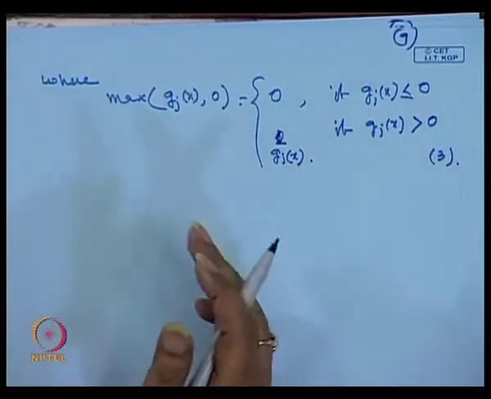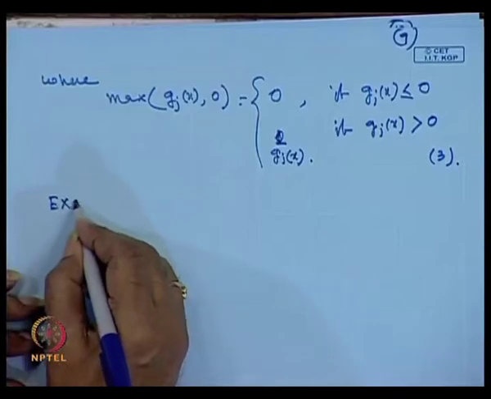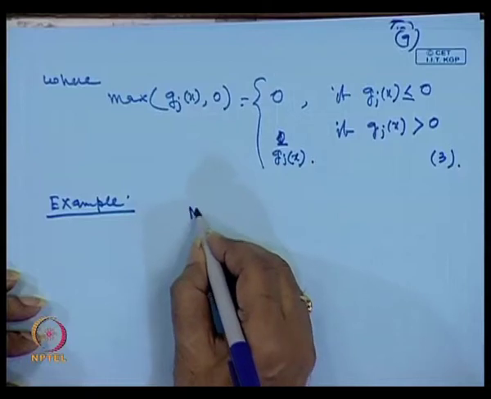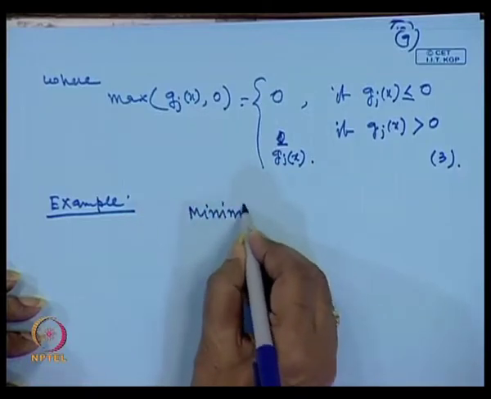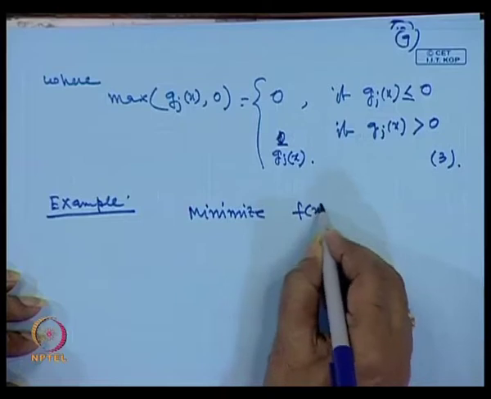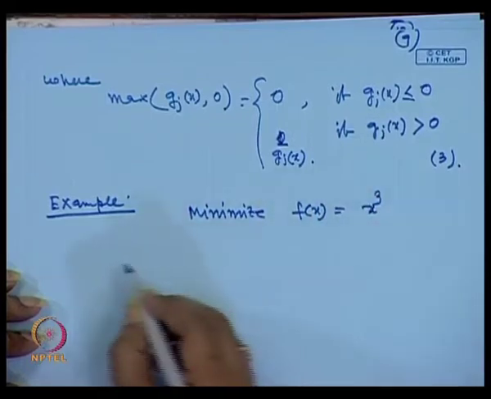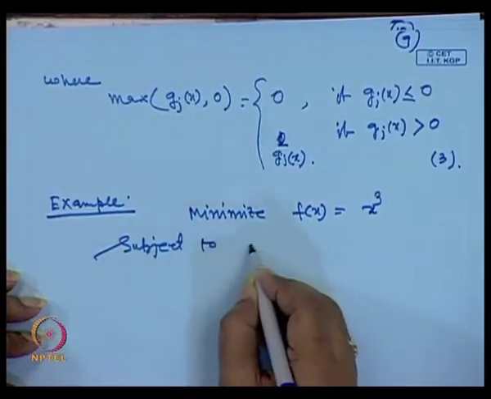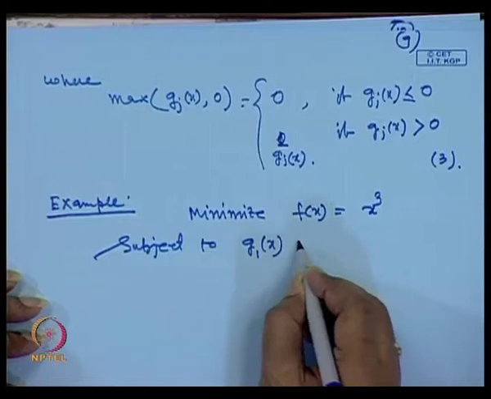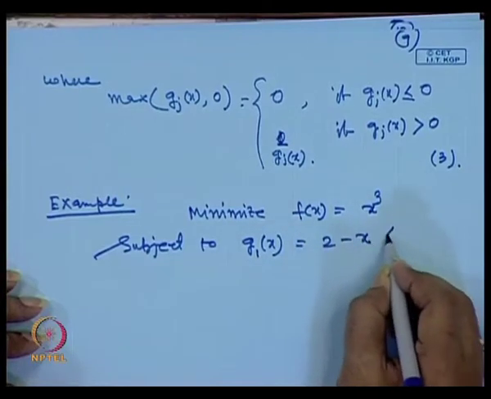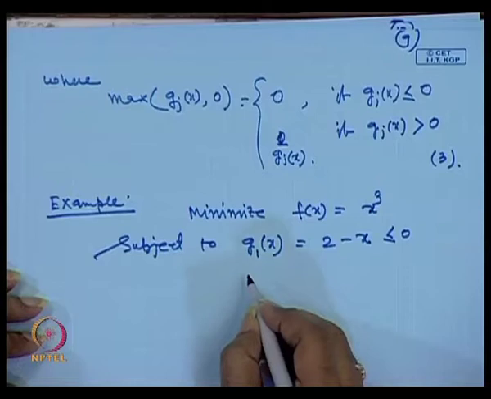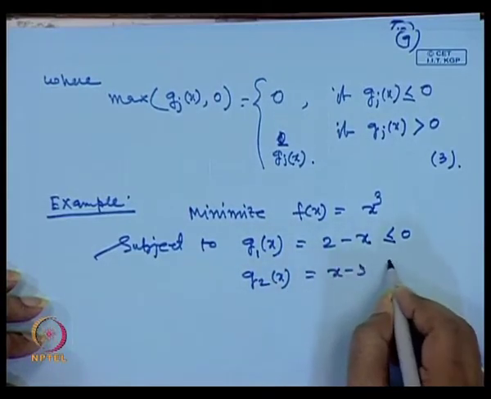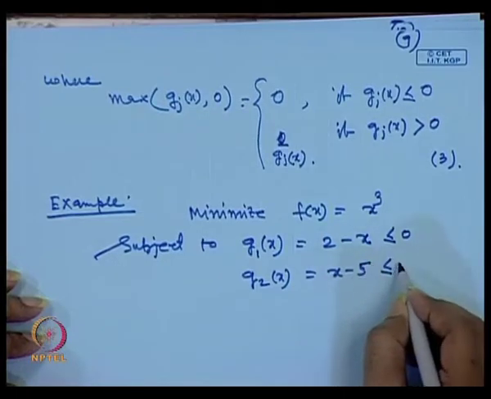We will explain this with an example. Let us call our problem: minimize f(x) equal to x cube, subject to g_1(x) equal to 2 minus x less than or equal to 0, and g_2(x) equal to x minus 5 less than or equal to 0.